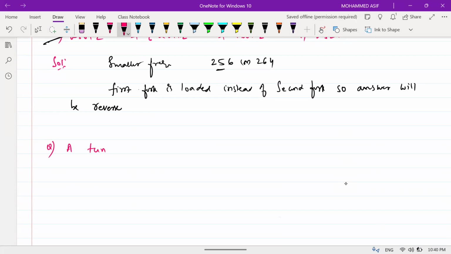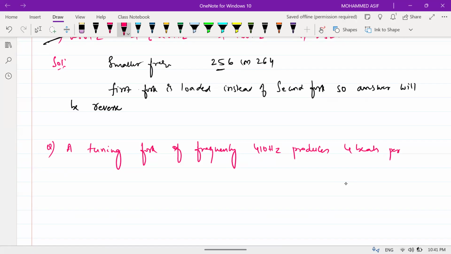A tuning fork of frequency 410 hertz produces 4 beats per second, okay, when sounded with a second fork.